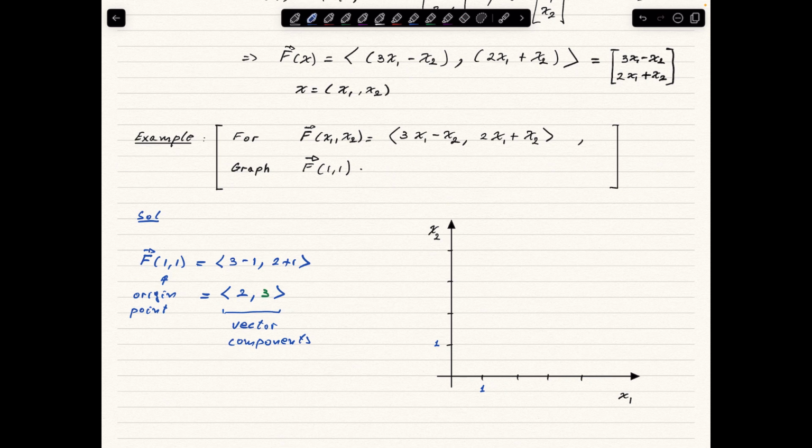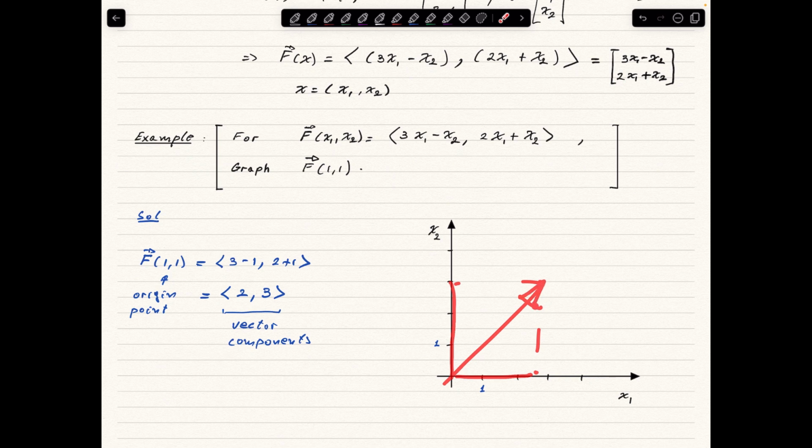So let's put here 2, 3. Now let's graph that. We have to graph a vector with component 2 and component 3, isn't it? Well, this is the vector, that's correct.